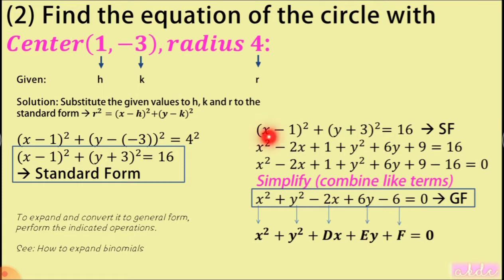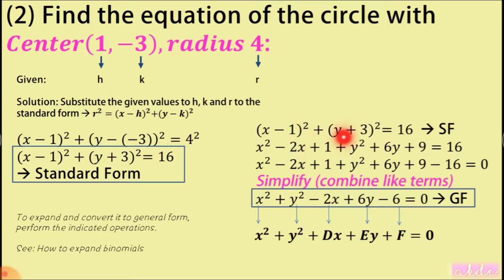So for x minus 1 times x minus 1, we can use a shortcut method, or we can use the FOIL method. X minus 1 times x minus 1: x times x is x squared. Negative 1 times 2 is negative 2 times x is negative 2x. And then negative 1 times negative 1 is positive 1.